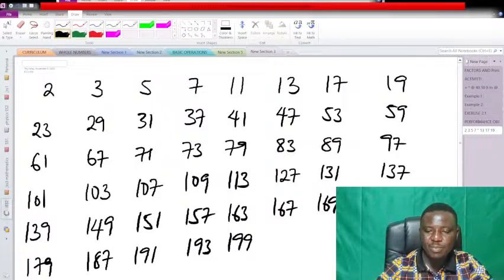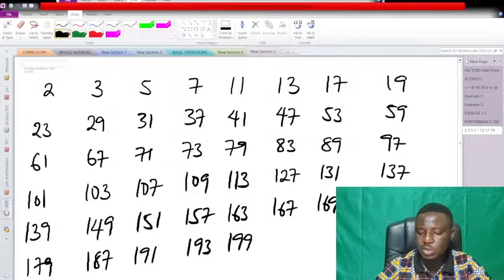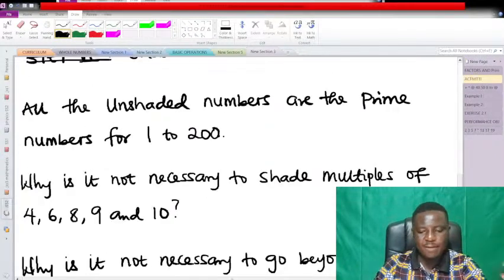All these are the prime numbers in ascending order, and this is just the best way you can get them. There's another way you can use in getting all these numbers, but for you to get them without stress or without any mistakes, just follow these 6 steps which I just gave.